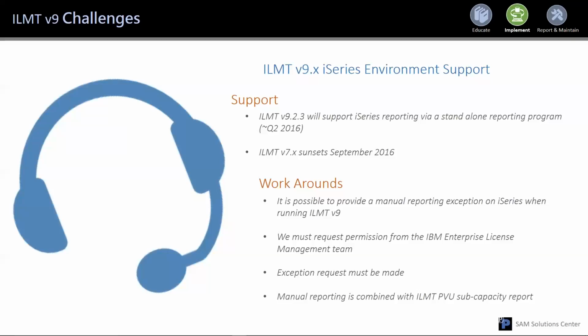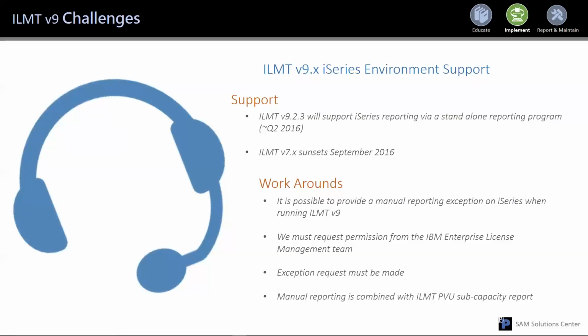And then some of the workarounds when we engage with customers that have IBM software running on iSeries: right now, it is possible to provide a manual reporting exception on iSeries when running ILMT. What we do is we request permission from the IBM Enterprise License Management team. Once that exception has been granted, we compile all the data with the version 9 agents that is compatible, and anything on iSeries is a one-off or manual report.